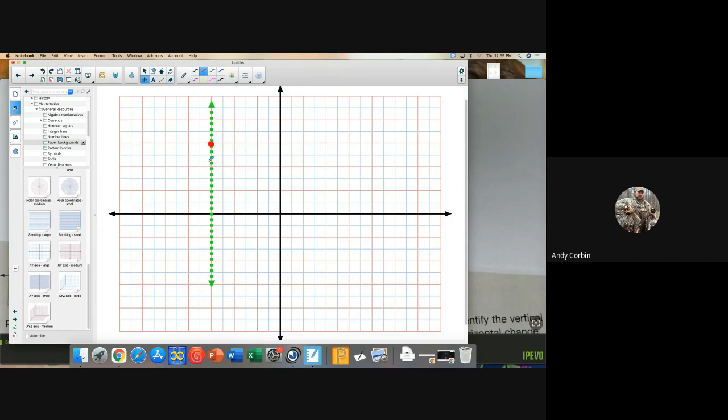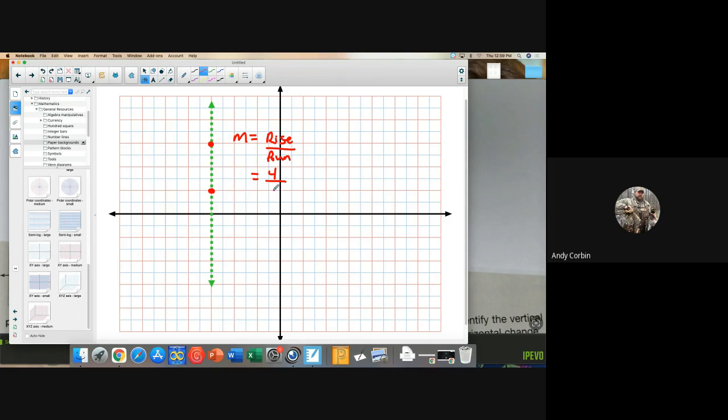There's a point, and there's a point. And we know that m is equal to rise over run. We know that slope is that ratio, right? So what's the rise? It is 1, 2, 3, 4.